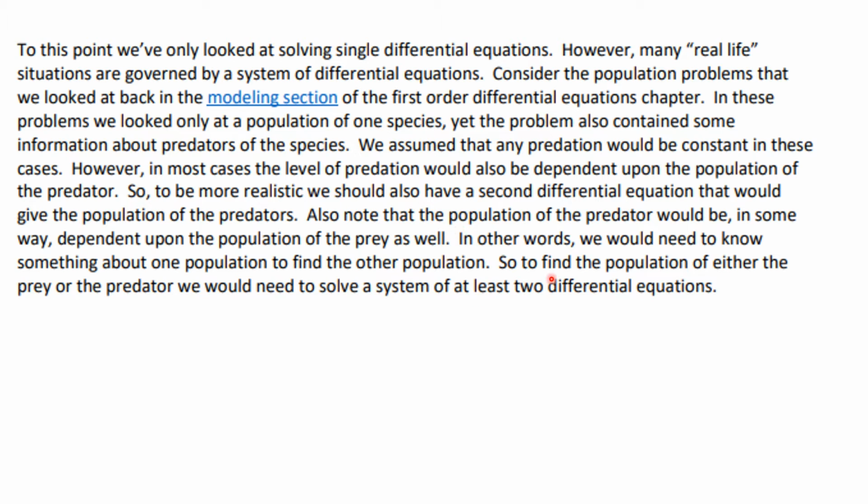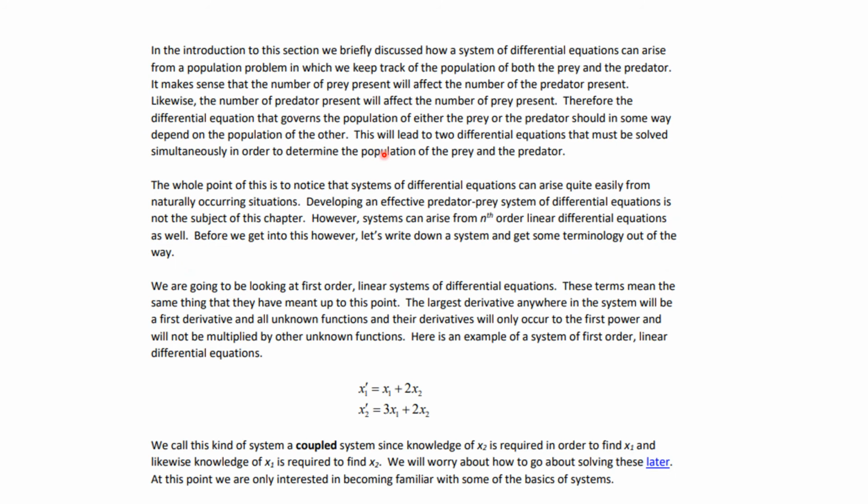So, to find the population of either predator or prey, we would need to solve a system of at least two differential equations. Here is a system of differential equations, and this could be a predator-prey, but you see that the rate of change of x1, that's the derivative, the prime notation, depends on x2, and the rate of change of x2 depends on x1.